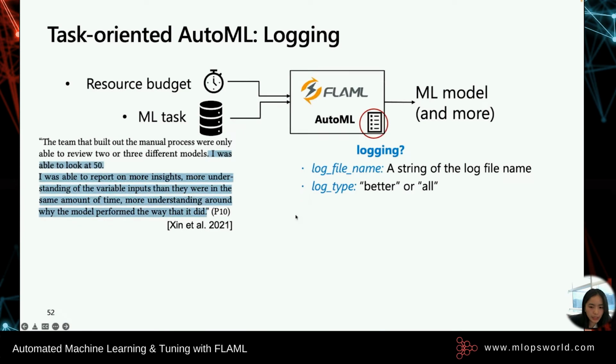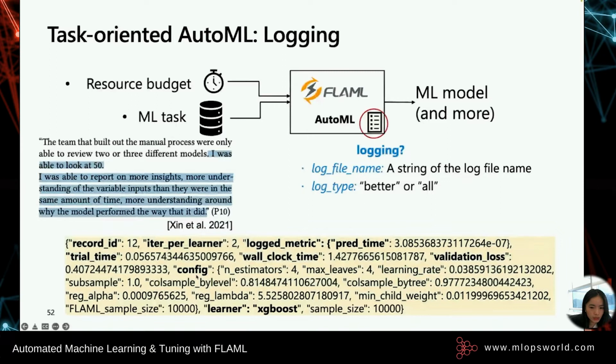In FLAML, you can easily enable that by just providing a log file name and the way you want to do the logging. This box in yellow shows one record created during the AutoML process as one of the logs. You can find very rich information in this log.